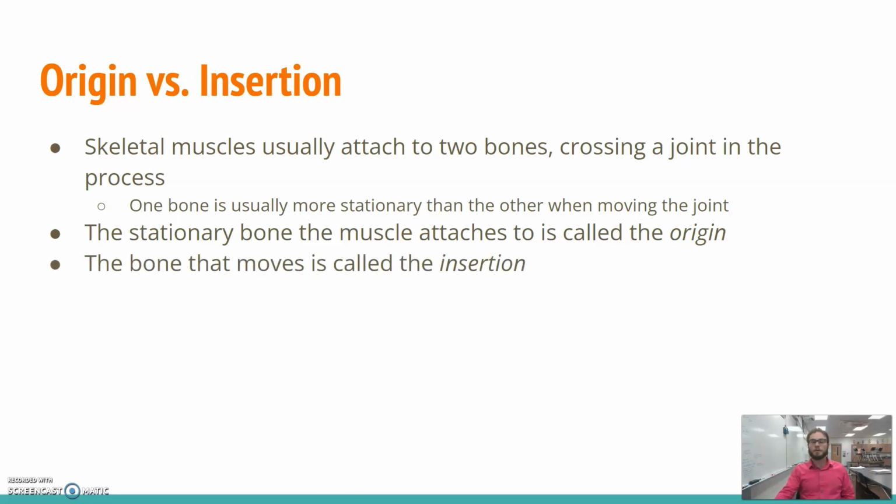The bone that moves is then going to be called the insertion. So a muscle may have more than two attachments, but they'll have at least two attachments, except for your tongue. Your tongue is the only muscle that is only attached at one end. But the attachment point or points that do not move are the origin, and then the attachment point or points that move are then called the insertion.